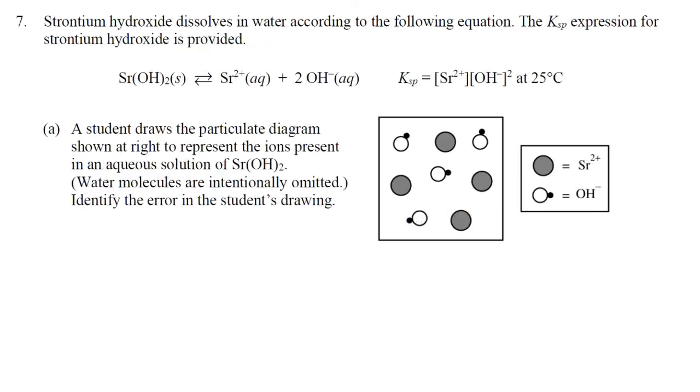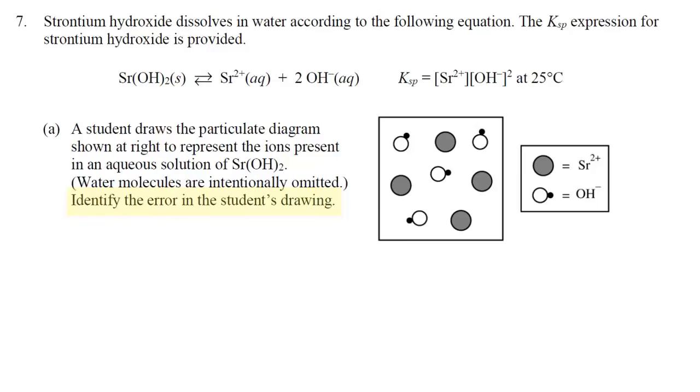In part A, it says a student draws the particulate diagram shown at right to represent the ions present in an aqueous solution of strontium hydroxide. Water molecules are intentionally omitted. Identify the error in the student's drawing.